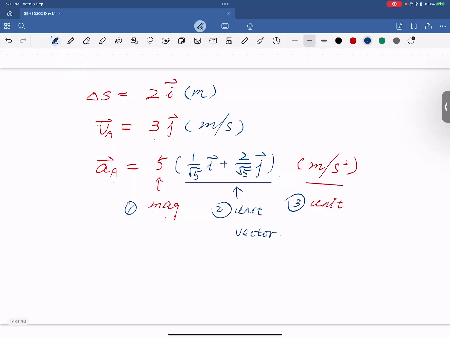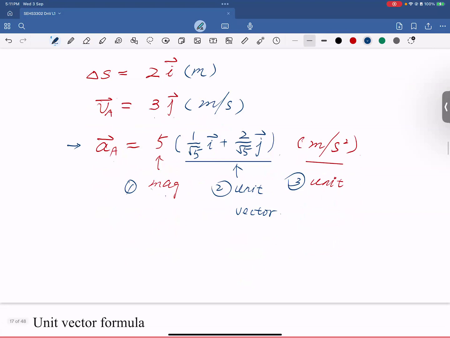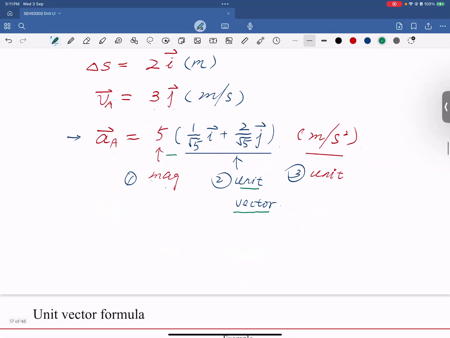To consolidate this part, let's verify one fact, which is that the unit vector does not influence the magnitude. So you see, for this acceleration, you can call 5 meters per second squared the magnitude.